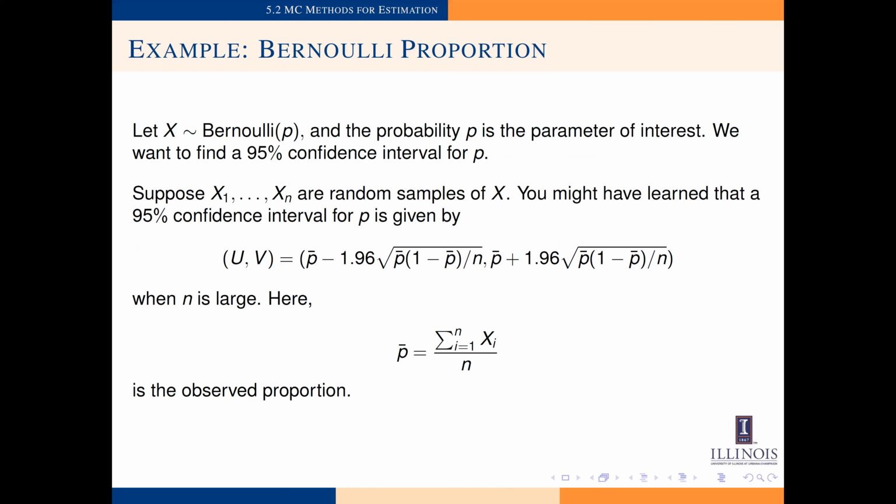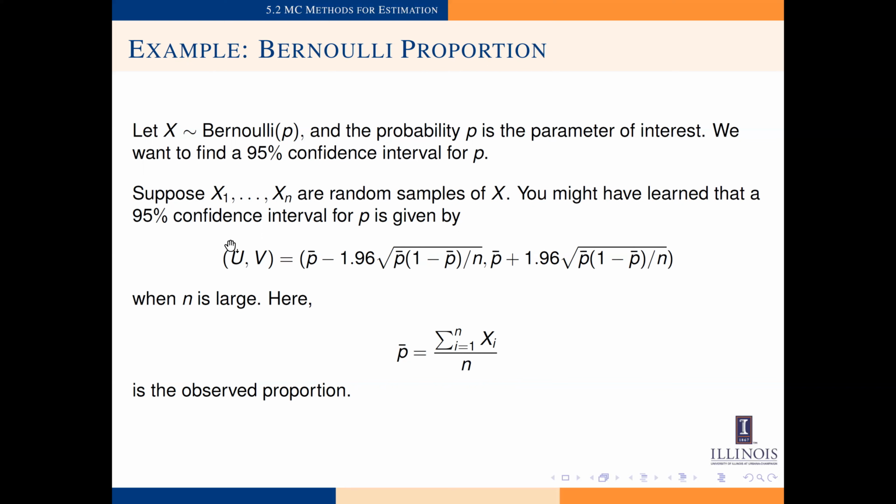So suppose x1 up to xn are random samples of size n from X. You might have learned from an early statistics class that a 95% confidence interval for p will be given by this over here.